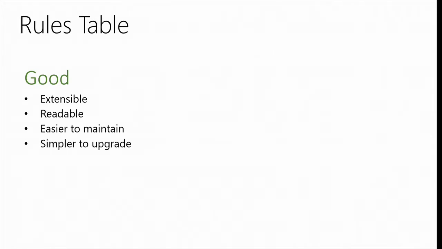So what was good about that? First, it's easy to extend. The code is easy to read. And because it's extensible and readable, you will spend less time maintaining that. When it comes to upgrade and merges, your code has a minimal footprint, as Bogdana was referring to. So it will be easy to merge your code and bring it forward.